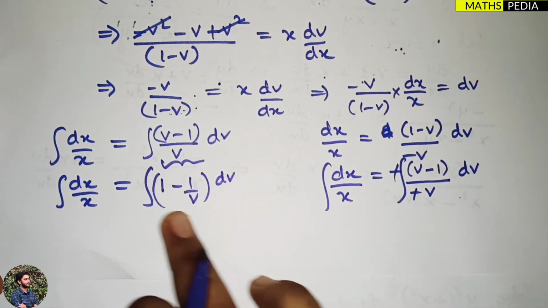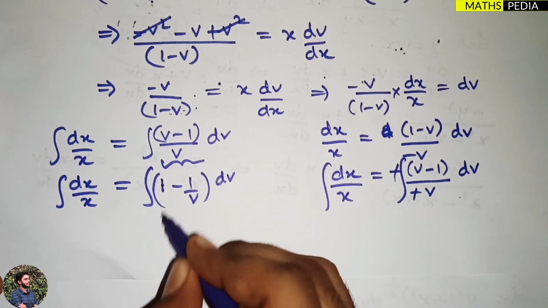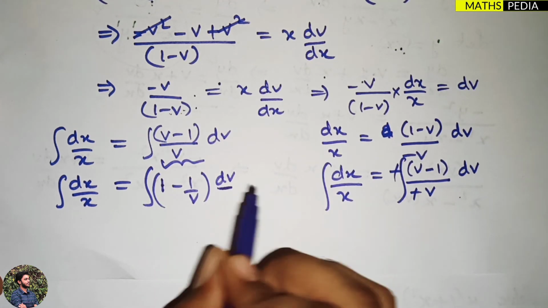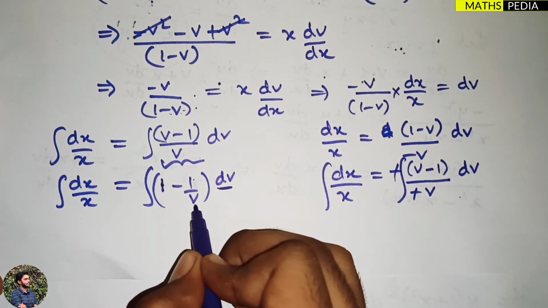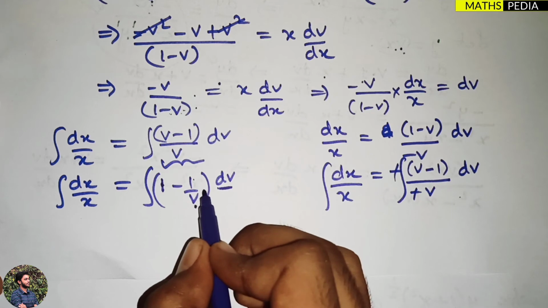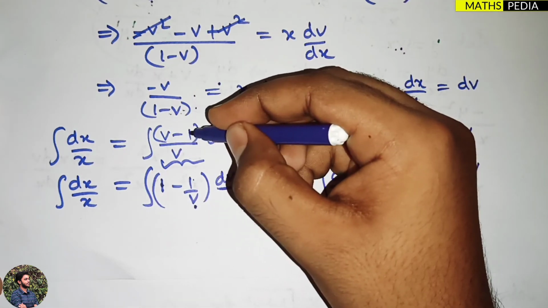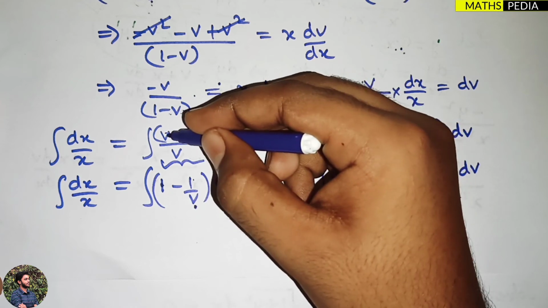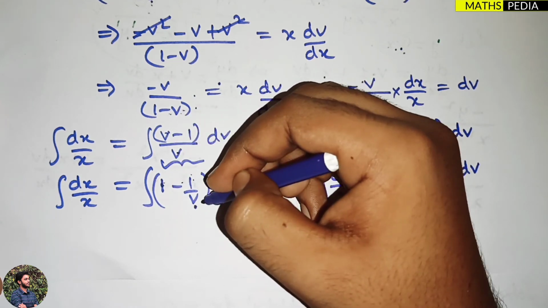Now you can see over here, after writing in this form, one integration you can easily do, which is nothing but v, with respect to v. So one integration will be v, and 1 by v you can write as log v. Okay, as soon as you see v minus 1 by v, I can just take it as 1 minus 1 by v. It's the same thing.